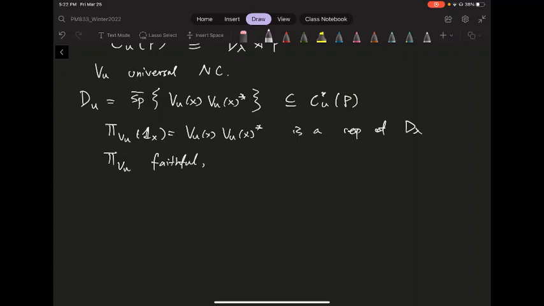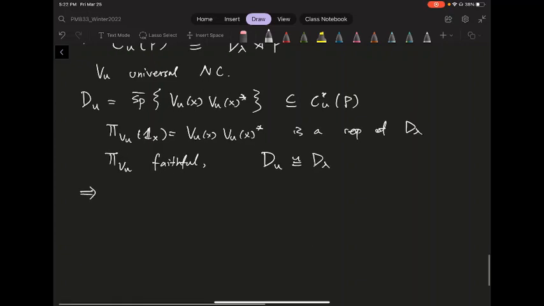And it's not surprising now that D^U is just isomorphic to D_lambda. So you identify V^U_x V^U_x star with the corresponding lambda_x lambda_x star. The nice thing is that the universal one, even though it's a really big algebra because you take a direct sum of a bunch of other representations, has a diagonal that is the same as the left regular one.